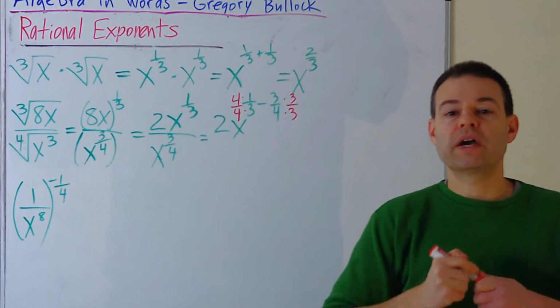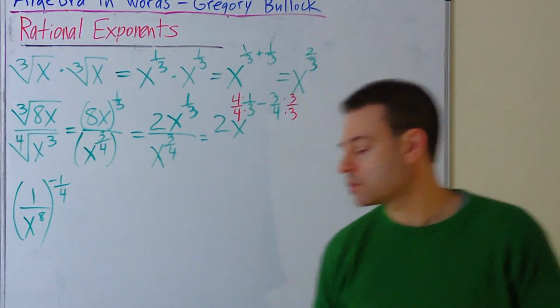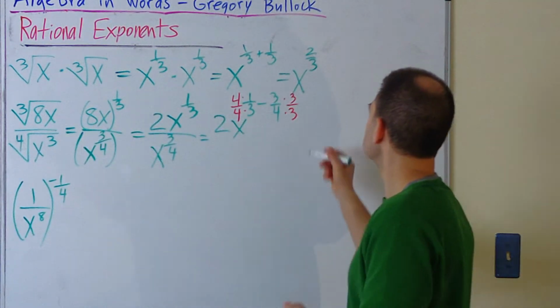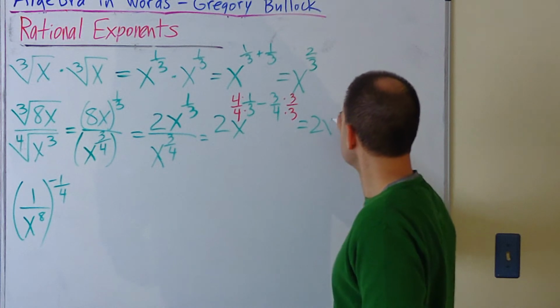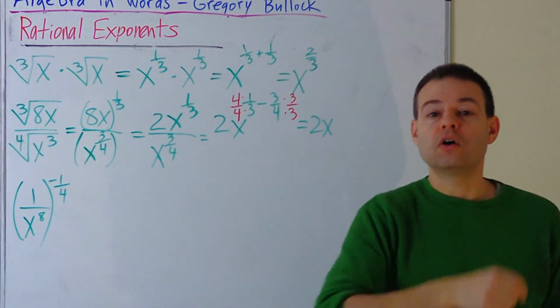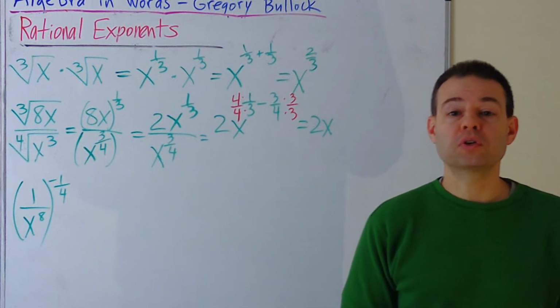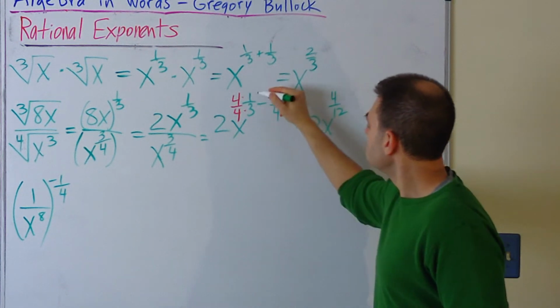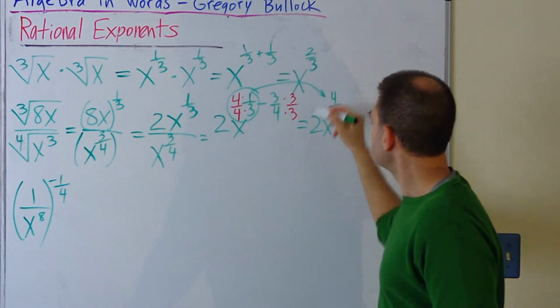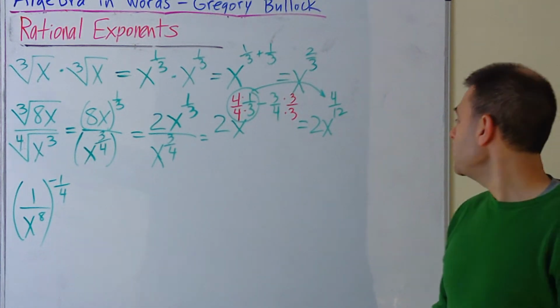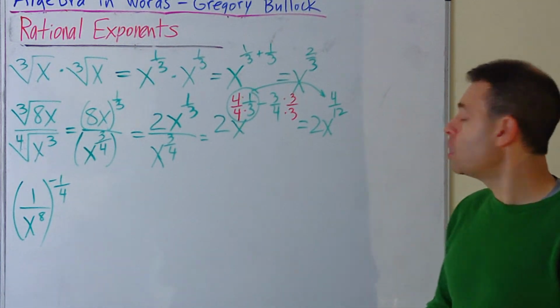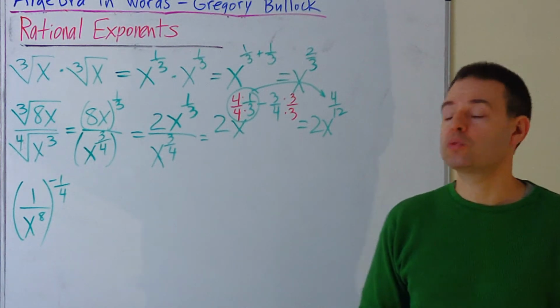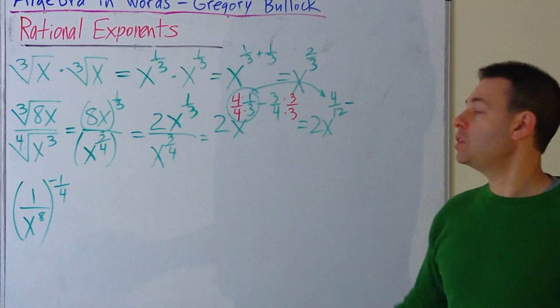And now let's write what that becomes. 4 over 4 times 1/3 will be 4/12. And 3/4 times 3 over 3 is going to equal 9/12. And make sure that you keep the minus sign.